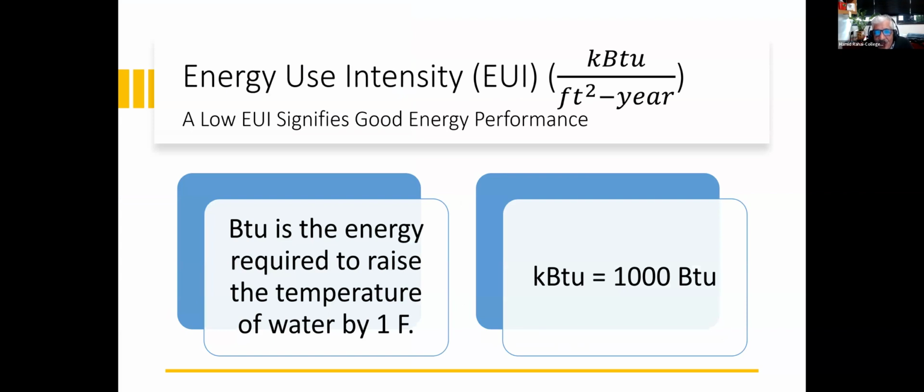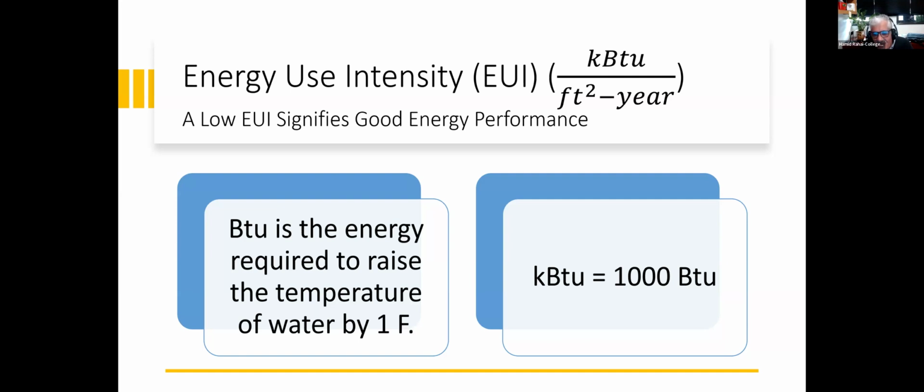I talk about energy use intensity, as I mentioned, is the total energy that includes energy used for HVAC systems and also electricity of the system for heating and cooling condition in the unit of kilo BTU. BTU is the energy required to raise the temperature of water by 1 degree.